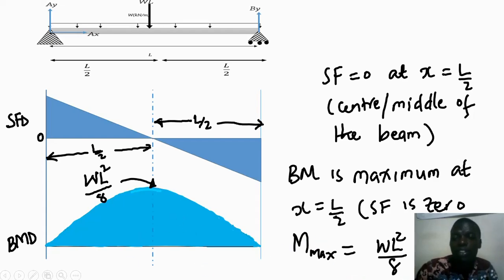The important points here are that the shear force is equal to 0 at x equal to L out of 2, the middle of the beam, and the bending moment is maximum where the shear force is equal to 0, at x equal to L out of 2, and the maximum bending moment value in magnitude is equal to wL squared out of 8 Newton meter.